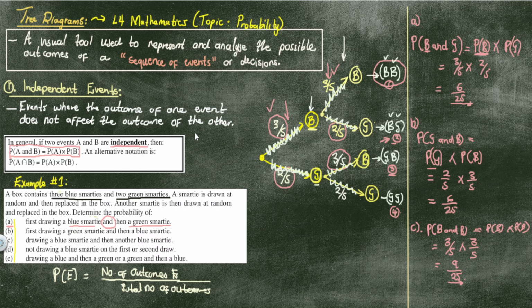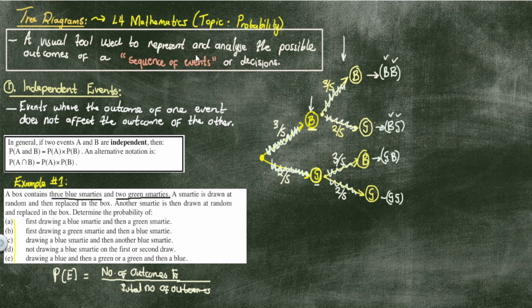Okay, I'm hiding this, I'm removing this one so that I can answer D and E. I'm removing this part and then we do D: not drawing a blue smarty on the first or second draw.